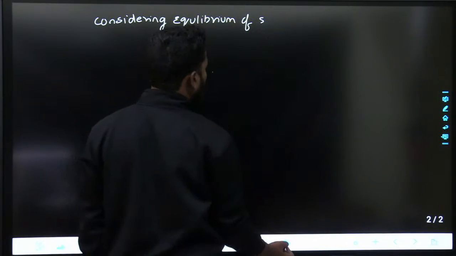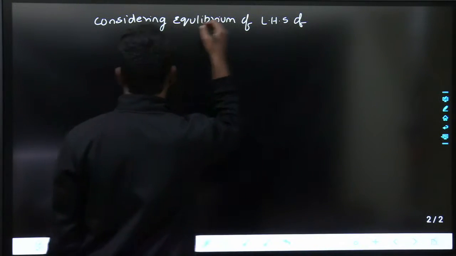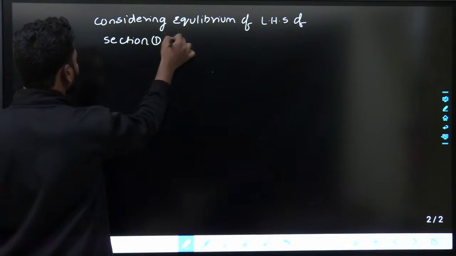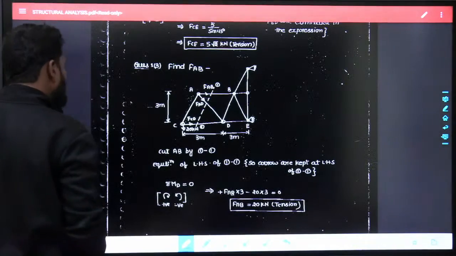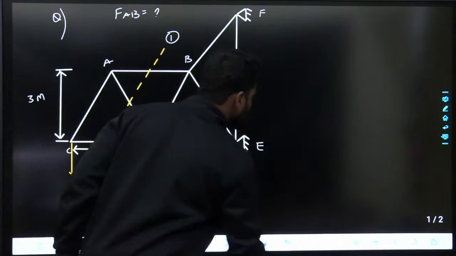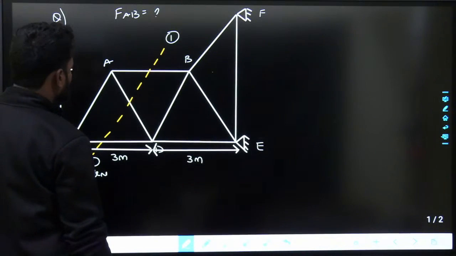So, just considering the equilibrium of the left-hand side of section 1-1, what exactly I will get is CD, AD, AB.